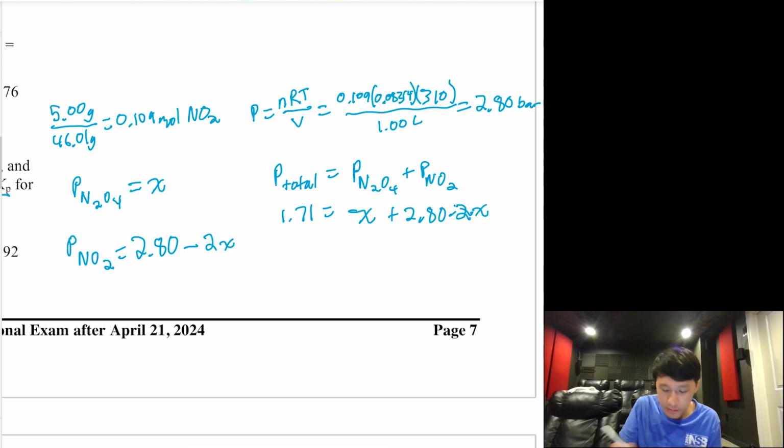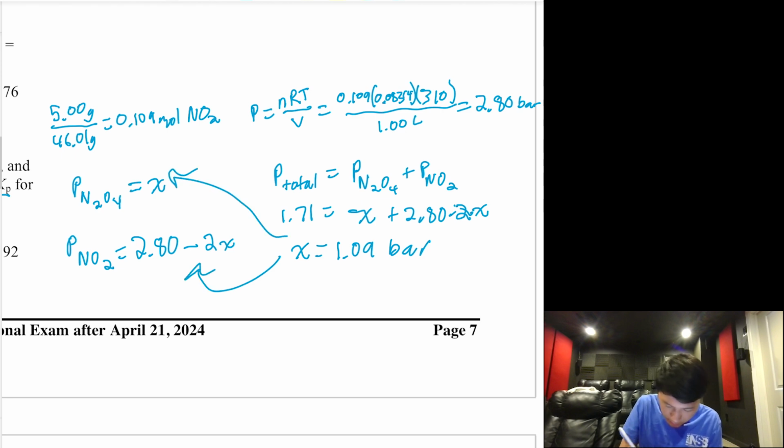When we do the math, we find that X comes out to 1.09 bars. And then if we plug that in to this equation and this equation, we know that the pressure of N2O4 at the end is equal to 1.09 bar, and pressure of NO2 at equilibrium is equal to 0.62 bar.